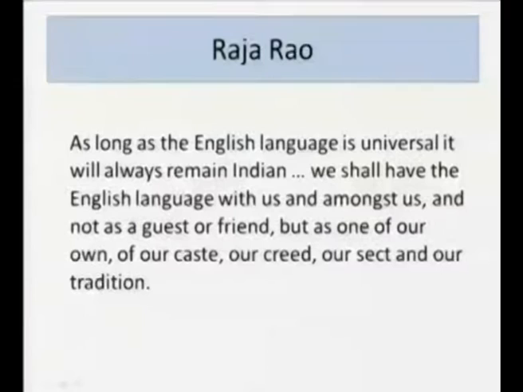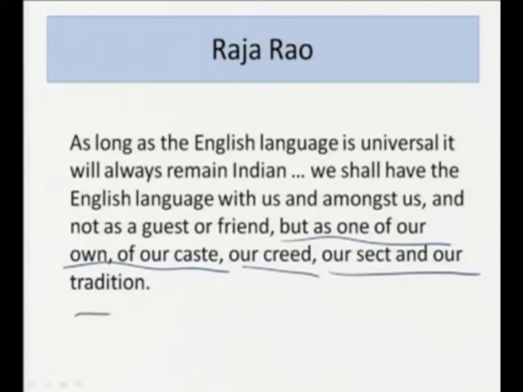Fine. I would like to end this discussion today by referring to a well-known writer named Raja Rao, the author of the famous Kanthapura, who says that as long as the English language is universal, it will always remain Indian. We shall have the English language with us and amongst us, not as our guest or friend, but as one of our own, of our caste, our creed, our sect and our tradition.